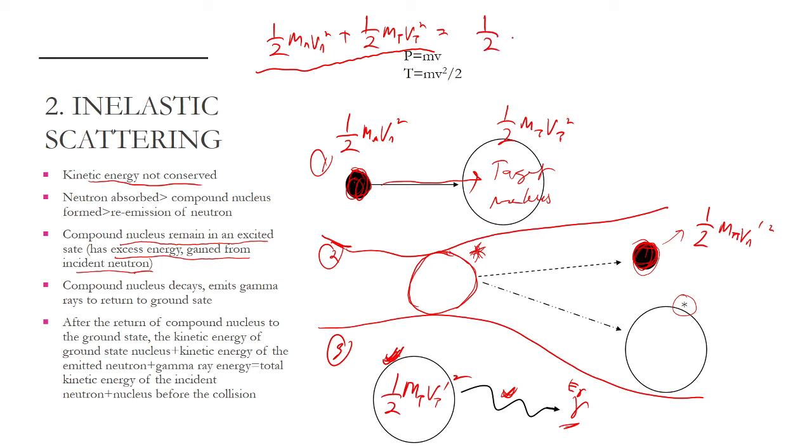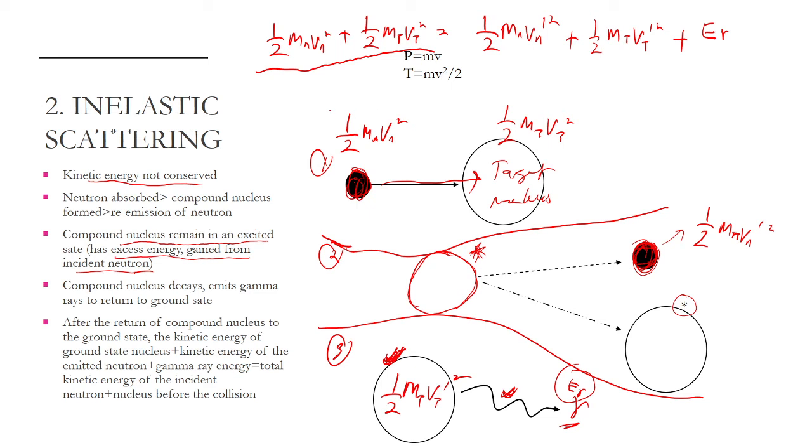And here is the kinetic energy of the recoil neutron, 1 over 2 m_n v_n dash square, then the recoil target nucleus 1 over 2 m_t v_t dash square, plus the energy of the emitted gamma ray.